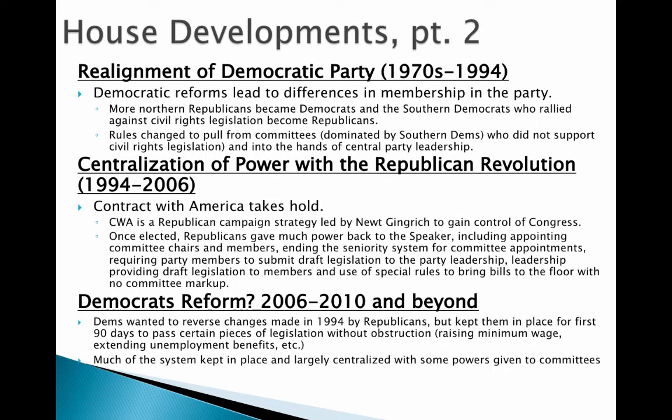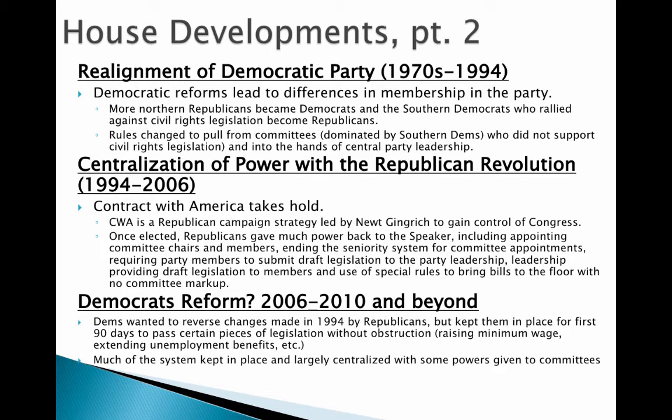So if you know that this cycle is a tug of war, you're probably looking for some type of revolt. And that happened in a few ways, but one of the ways was that the Democratic Party itself changed. The Republican Party too. But because the Democratic Party was in control in this era, that's largely what matters here. Reforms within the Democratic Party led to differences in the membership of the party. So people who were Southern Democrats and rejected civil rights legislation became Republicans. And I'm generalizing here, but this is the trend.